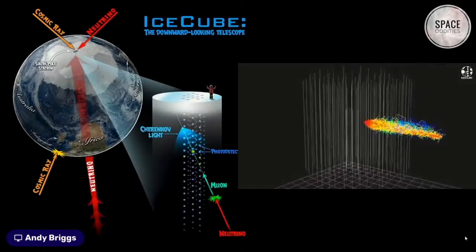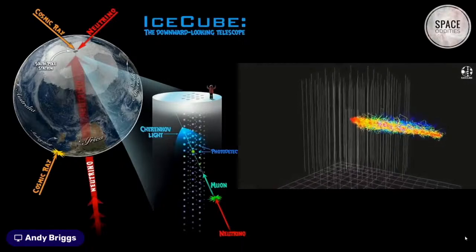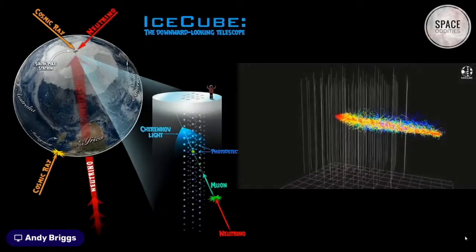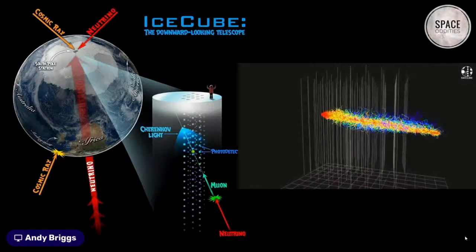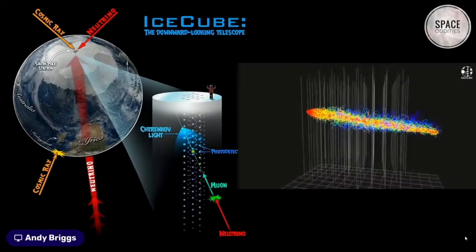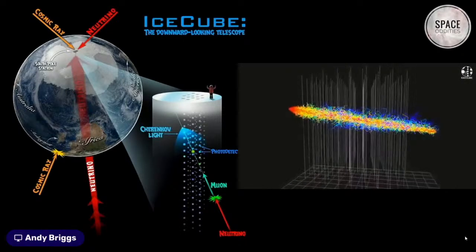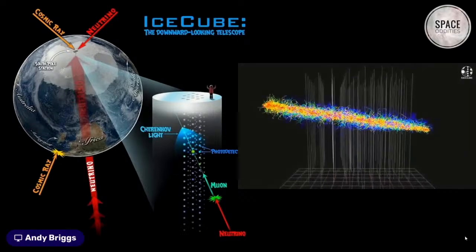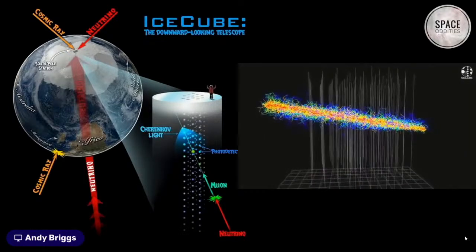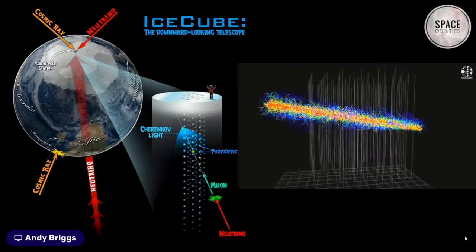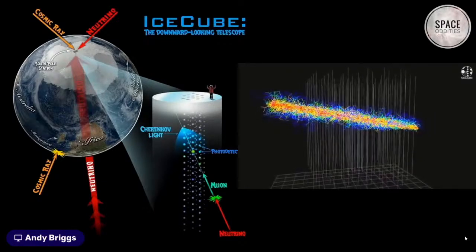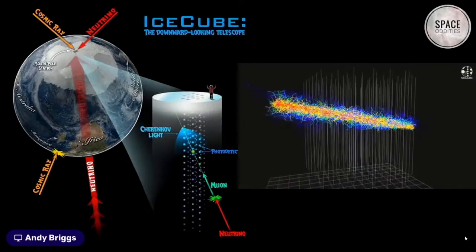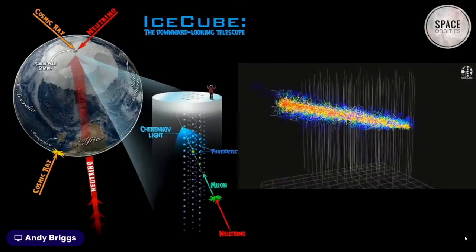This is actual data, which represents the Cherenkov radiation that's given off. This is the path of a muon, one of the shower that results when a cosmic ray decays in the upper atmosphere. And as you can see, they can work out exactly where it came from on the sky because of its path.